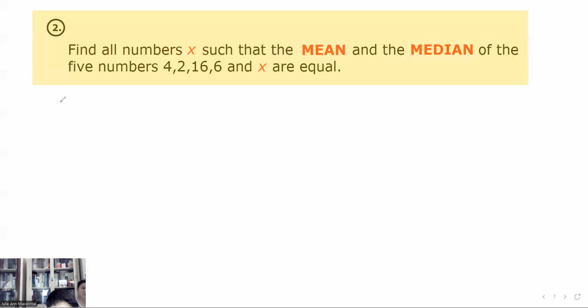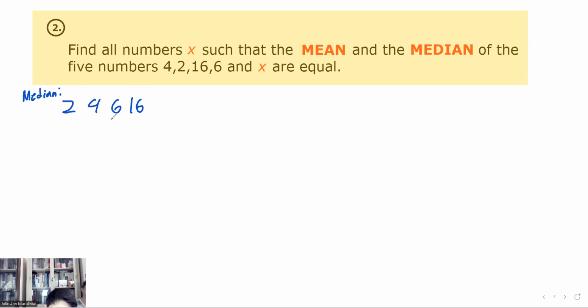When we look for the median, which is a simple concept, you arrange the terms in ascending order, or descending order, and then find whatever is in the middle.